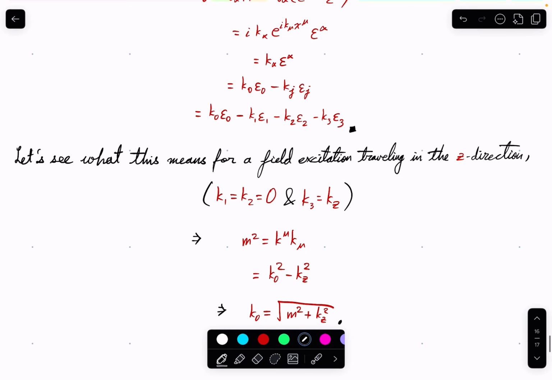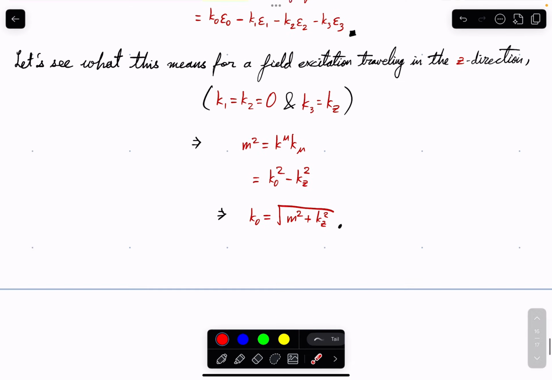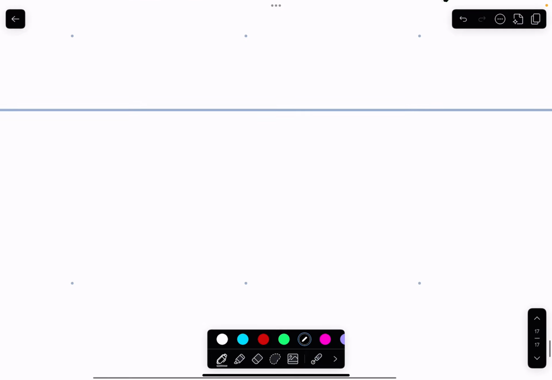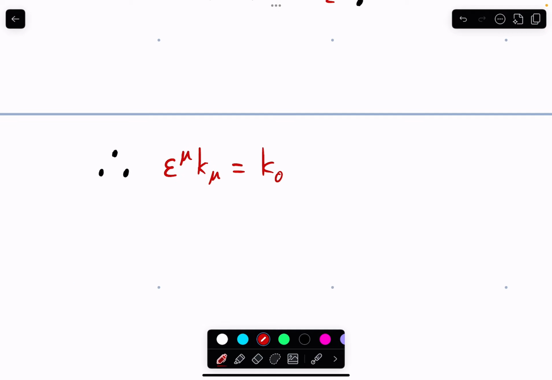So let's see how this looks when we plug it into this. Therefore, epsilon mu k mu is equal to k naught epsilon naught minus, or rather, it would be kz epsilon 3.